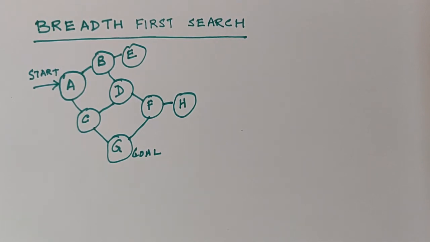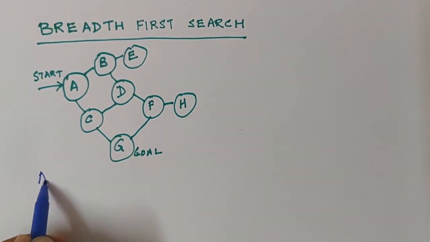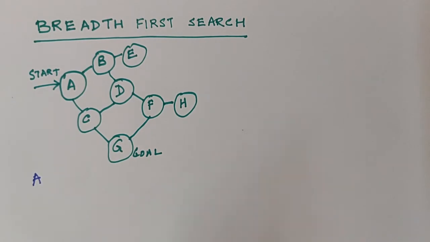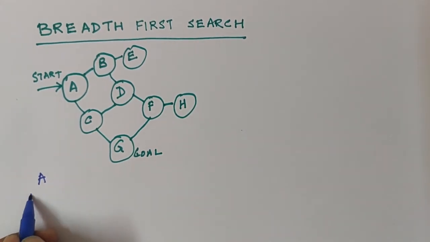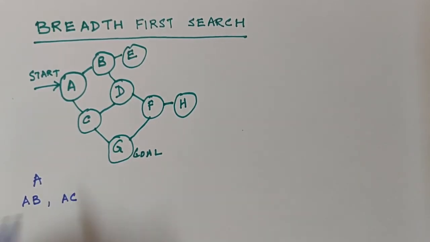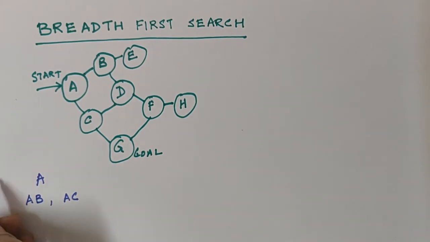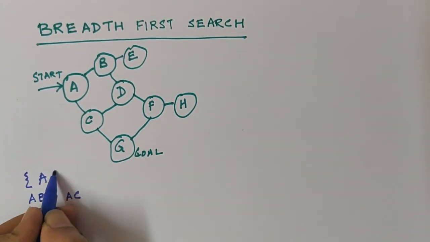So let us just see how the algorithm works. We start at A having path length 0. Then from A, the available actions give me the paths AB and AC. Both of them have equal path length of 1. So I somehow break the tie among them, and this is my frontier.